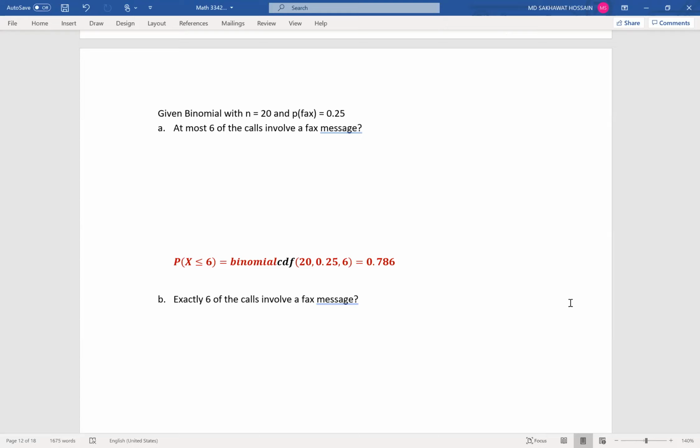Now you have to find the probability that at most 6 of the calls involve a fax message. If X represents the number of fax messages, this is our random variable.